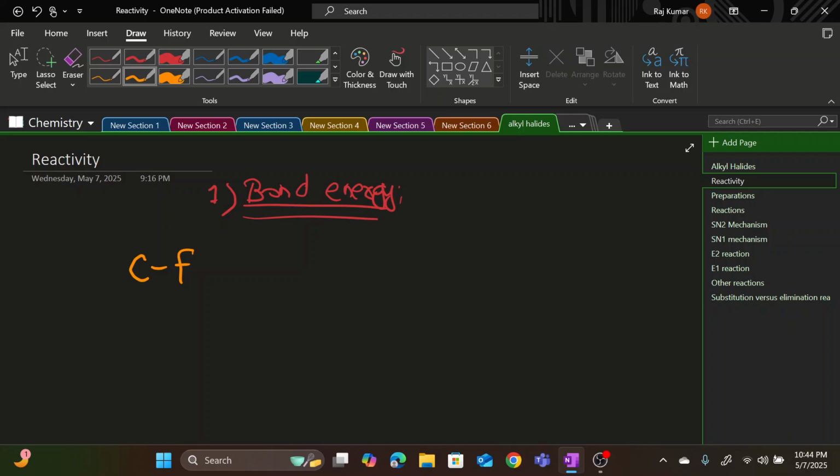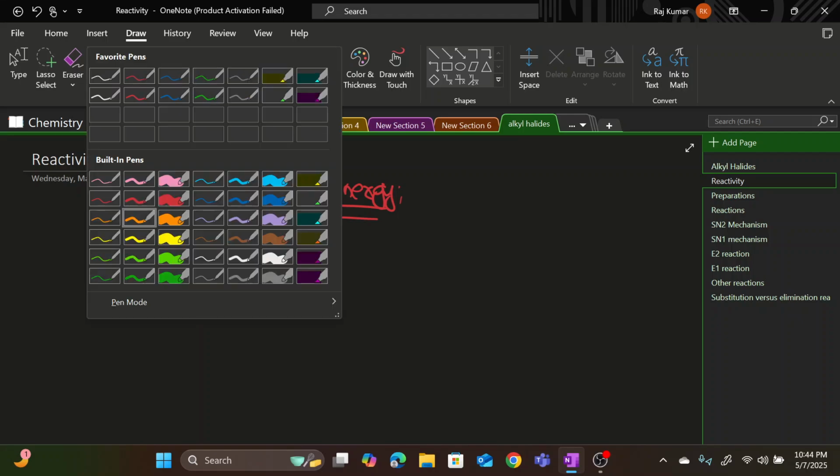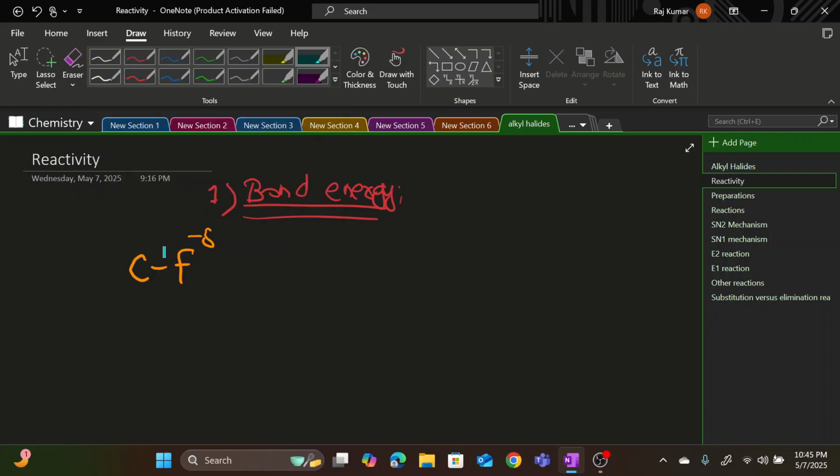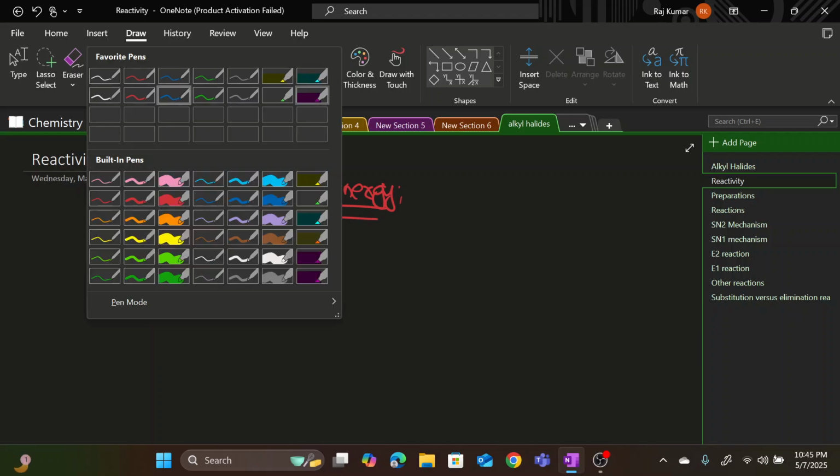Fluorine is the most electronegative halogen, and being the most electronegative, it draws the electron cloud of carbon towards itself the most.